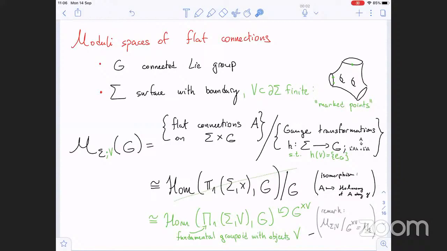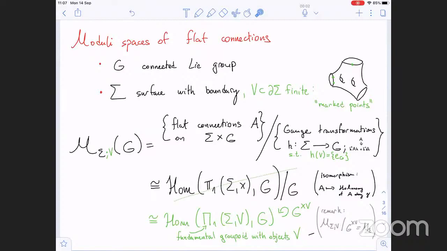Okay, and this is written here in green at the bottom: the equivalent description is that we look at homomorphisms from the fundamental groupoid, with objects those marked points, to the group. That is to say, this moduli space is just an assignment of a group element to each path between those marked points, and the paths are taken up to homotopy because the connections are flat.